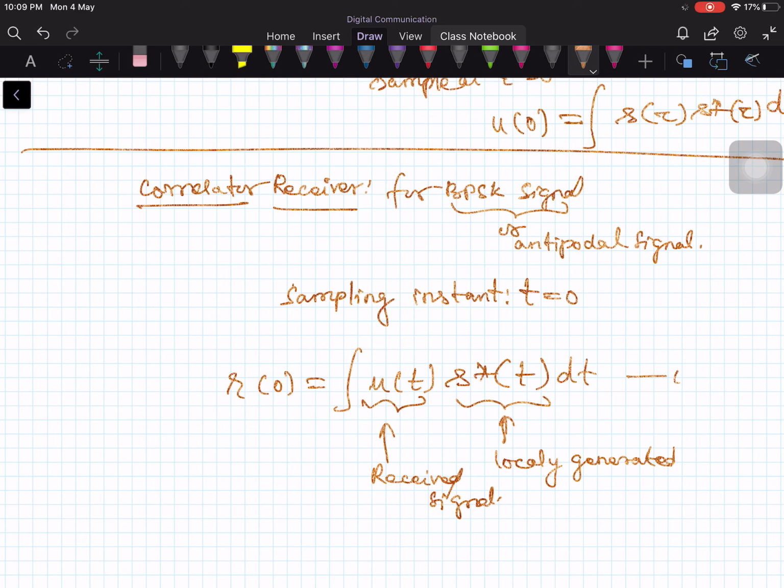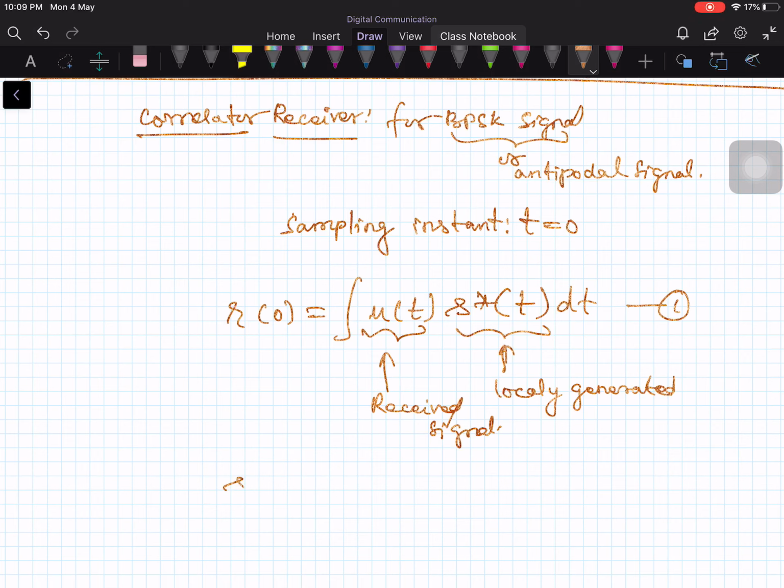Let me call this equation number 1. So we can as well replace the matched filter operation by a correlator or correlation operation. The advantage of doing that is, suppose your pulse is strictly of a time limited nature. So you take s of t and this is time limited in nature. In that case, you can use a correlator receiver.